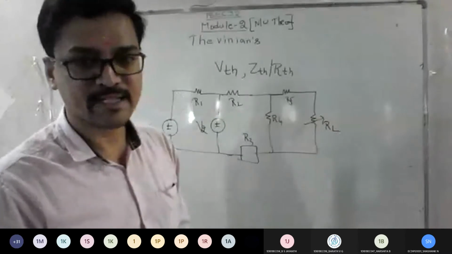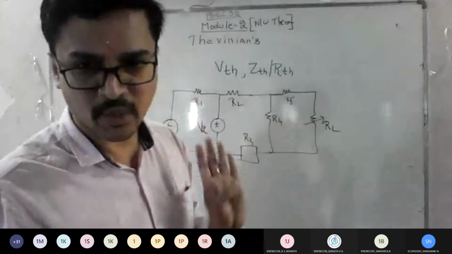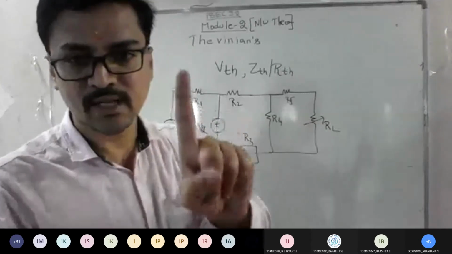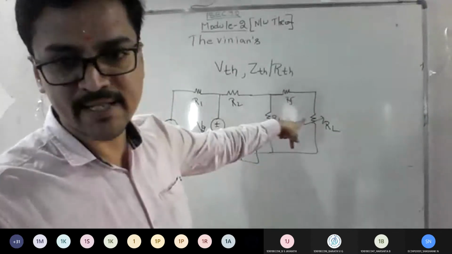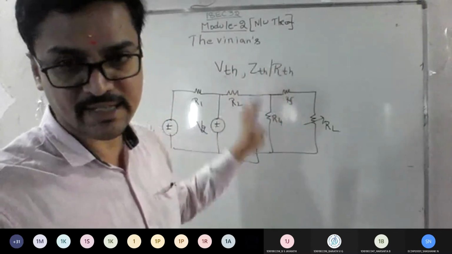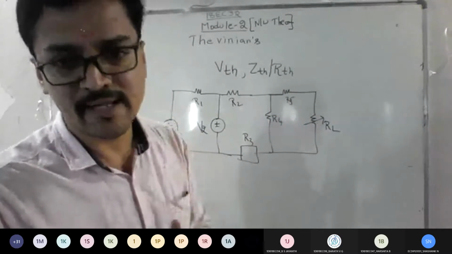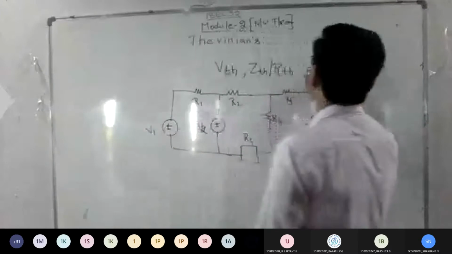It says, if you find n number of voltage sources in a network, using Thevenin's, I am going to make it a single voltage source. Similarly, if you have n number of impedances or resistances in an electrical network, I am going to make it one equivalent resistance called RTH, and that representation will be in this form.